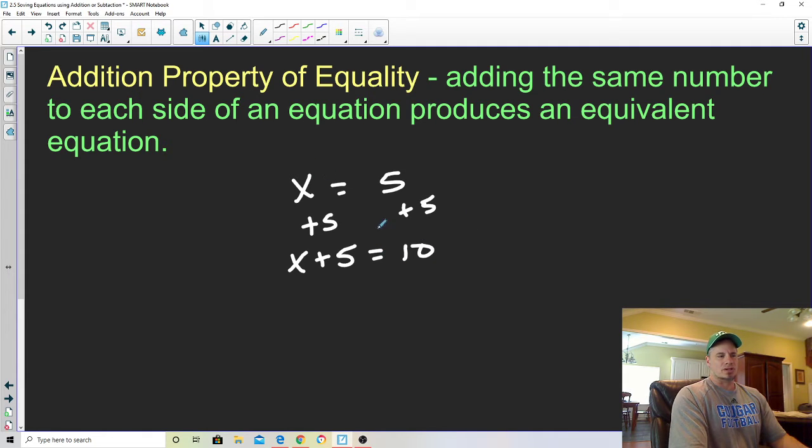Notice the solution for this one is the same as the solution for this one. We didn't change the solution to the equation, we just changed the look of the equation. So when you do something to both sides of the equal sign, as long as you're doing the exact same thing, you're not changing the equation up at all. The solution stays the same, and that's how we're going to solve.